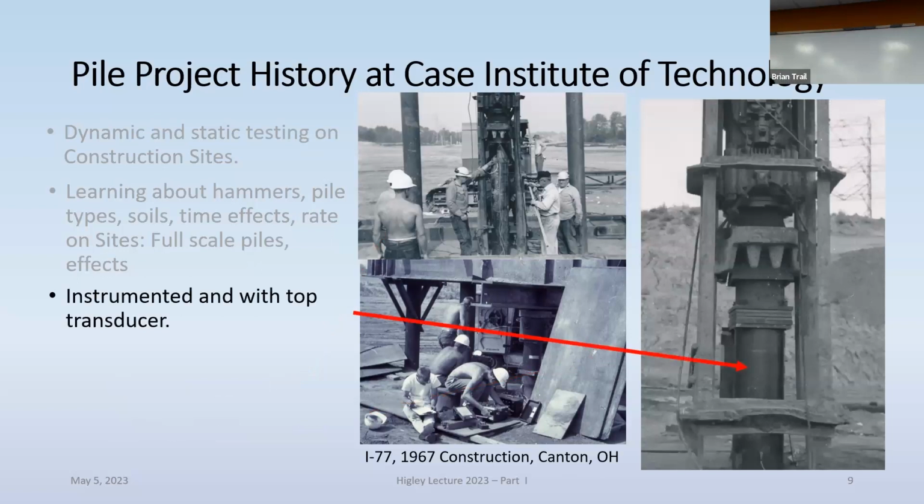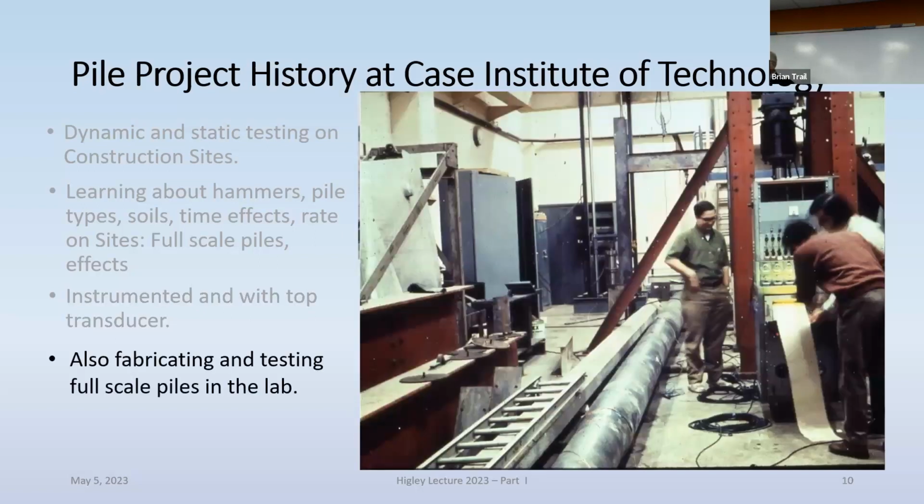There's another thing that we did, and that was a so-called top transducer. You see it here. George Goebel actually had designed that, and it is really a pipe instrumented with foil gauges. So that had to be put on the top of the pile. We did also build some piles in the lab, which was still at that time in the Olin building basement.